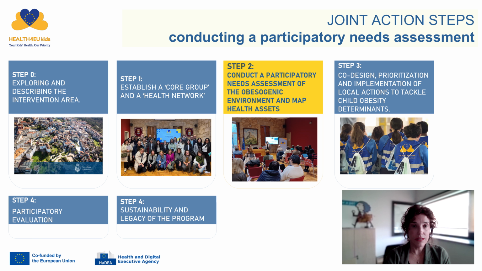The second step is to conduct a participatory needs assessment of the obesogenic environment and map health assets. This is the step in which we are going to talk about the Living Healthy tool. After the results of that map, we co-design and prioritize the actions for this specific area.